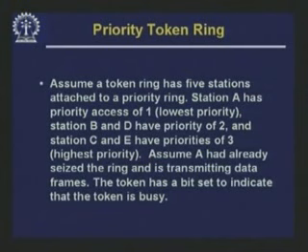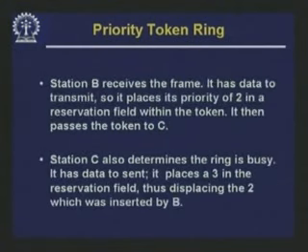Once again, assume that A had already seized the ring and is transmitting data frames. The token has a bit set to indicate that the token is busy, because A has already put a frame in it, and it is being sent from A. Station B receives the frame, and let us say that all of them want to transmit some data.